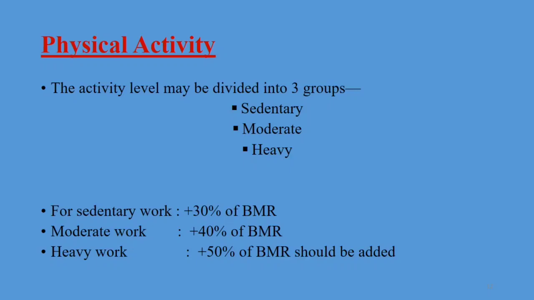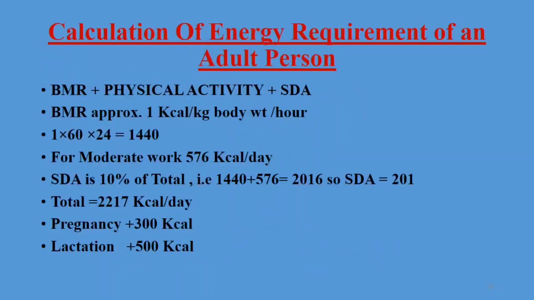For example, if BMR is 1000 kilocalorie, we require 30% of the BMR, that is 30% of 1000, which is 300 kilocalorie. So the total energy requirement under sedentary lifestyle is 1300 kilocalorie. This is how energy requirement is calculated by using BMR, SDA, and physical activity.